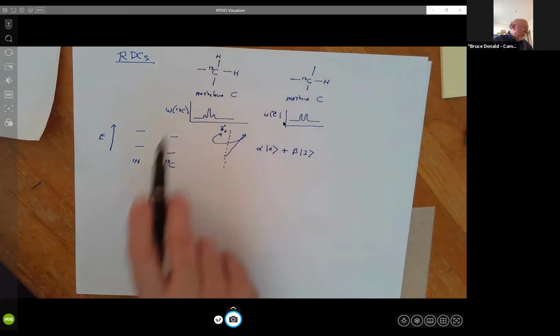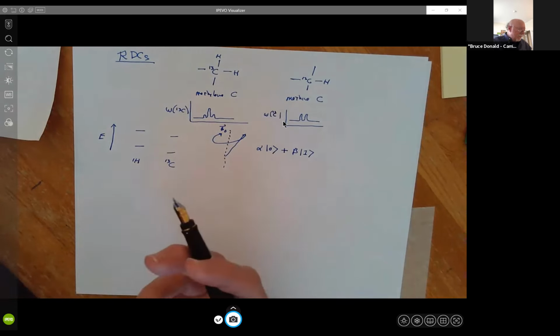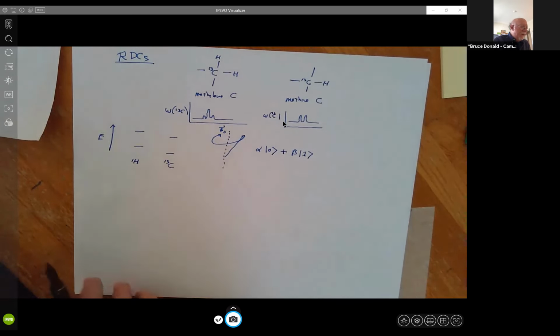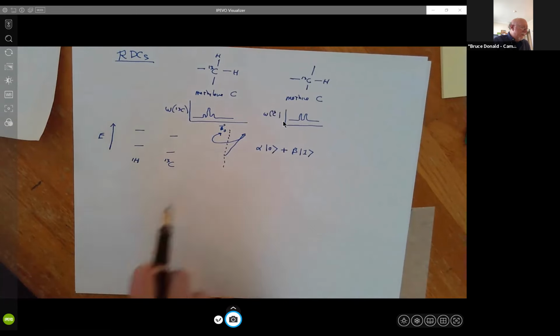And here it's split into 3 because of 2 attached protons. So a way to understand this is by these energy levels and these up and down spins, but it's not something that can be completely explained just using spinning magnets. You need this quantum mechanical view that you have these different discrete states.